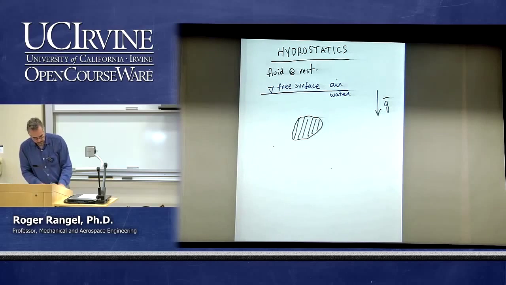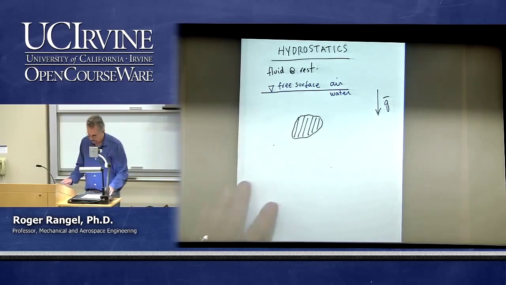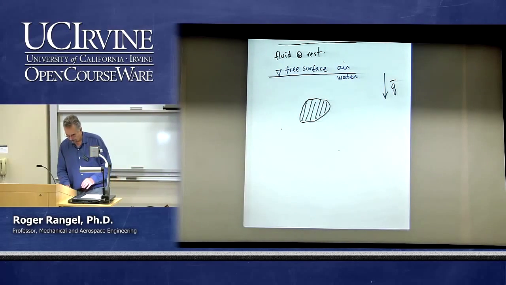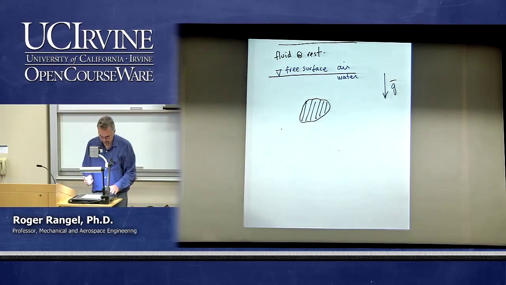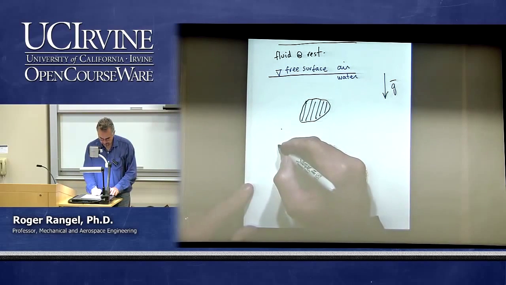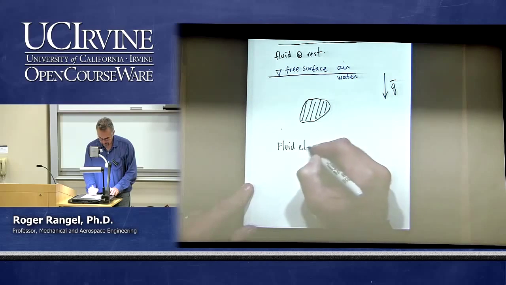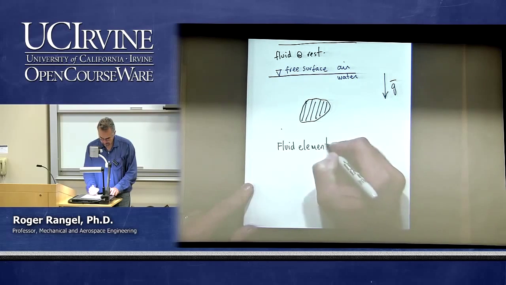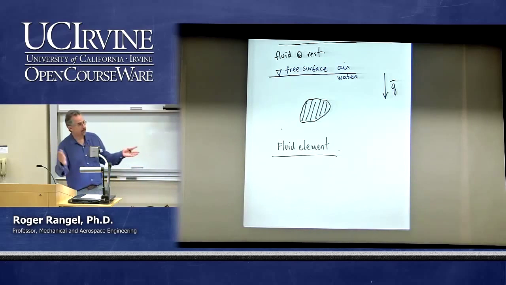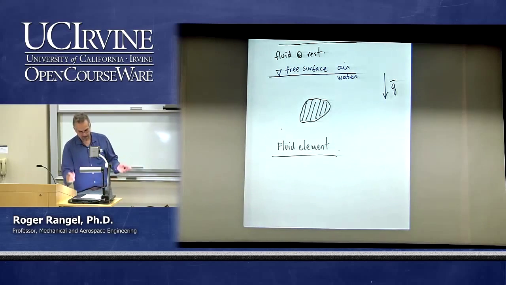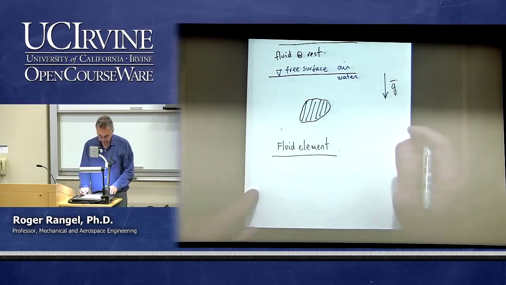Okay, now before we do that, there is a concept that you will have to become very familiar with. It's an abstract concept, but it's the concept of a fluid element. Clearly, fluid is an amount of matter, so it's made up of molecules, atoms, and so on.